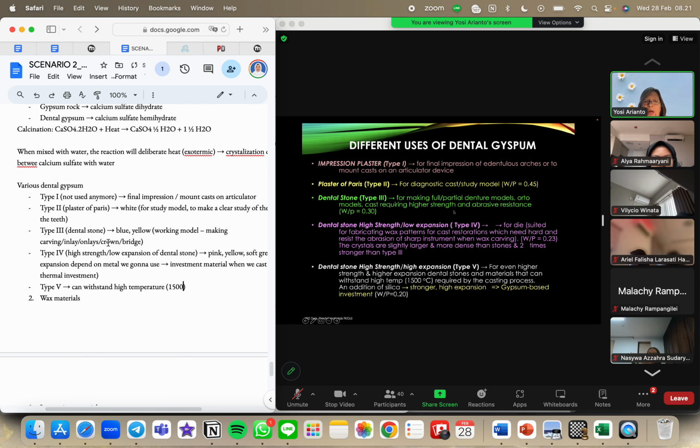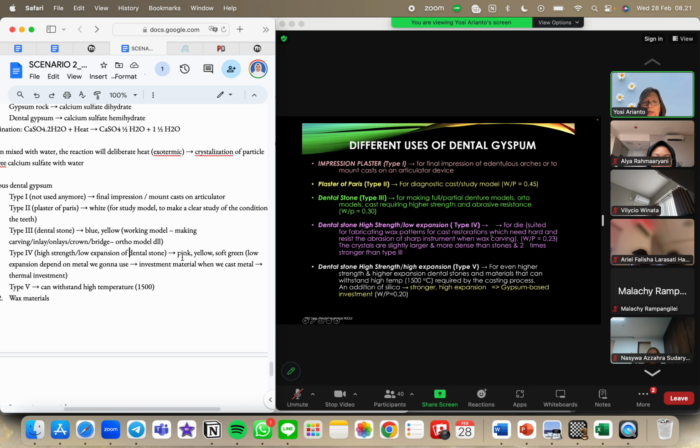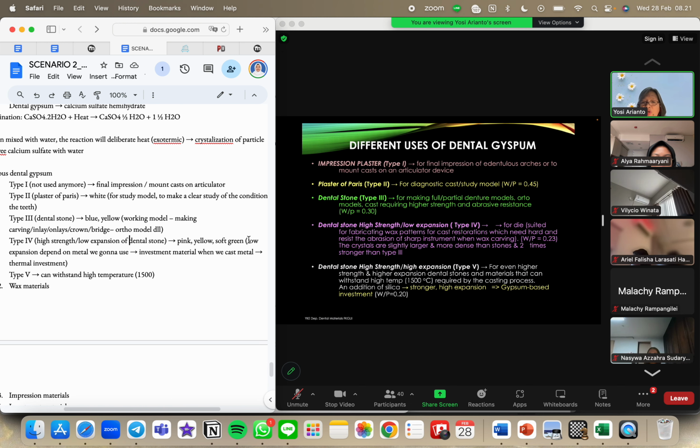And then we have type 3, for making full or partial denture models, ortho models. And it requires higher strength and abrasion resistance. Also the dental stone of type 4 should be hard and resist the abrasion of sharp instruments when we are doing the carving, the wax carving.